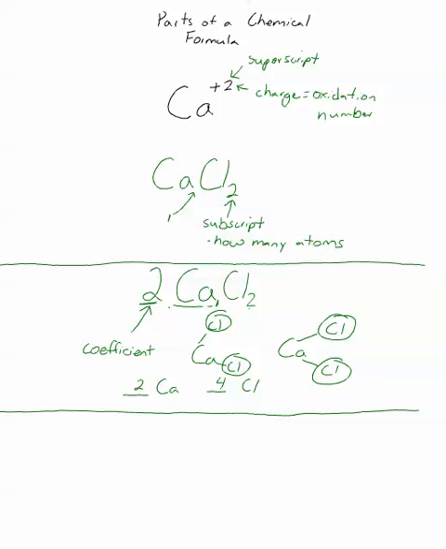Say I've got, let's do iron sulfate, okay? So let's actually do iron 3 sulfate. So I've got Fe2(SO4)3. You see some of the issues that can come up here. What's this parentheses thing? Well, the parentheses essentially means this.